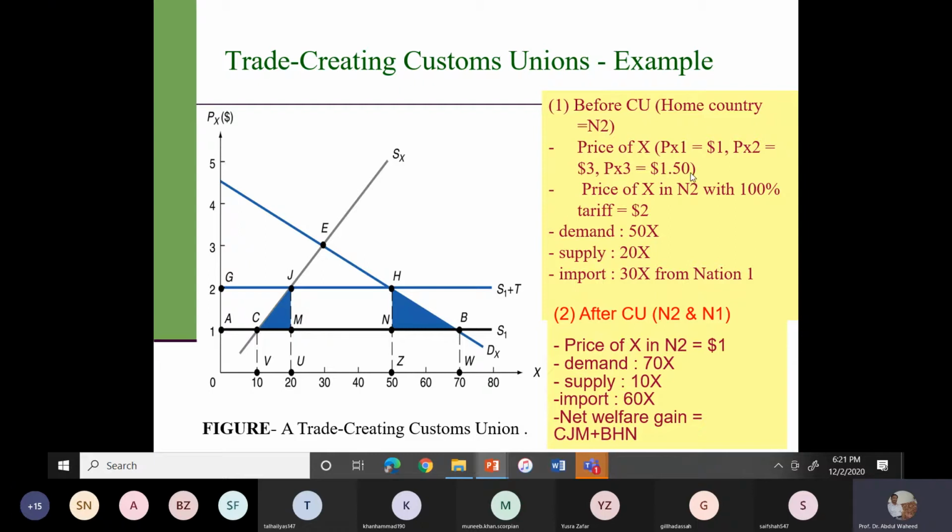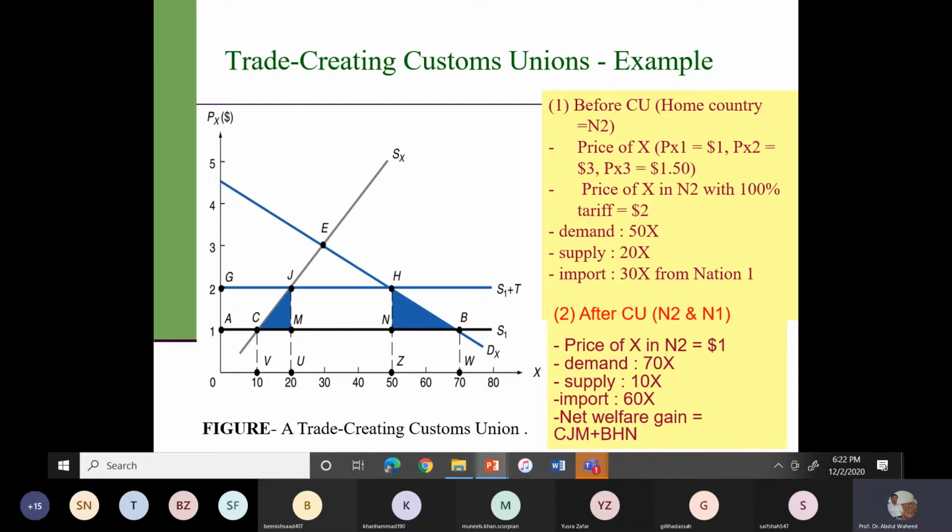So in this case, which country is the low cost provider, nation 1 or nation 3? Nation 1, because here the price is $1, and here the price is $1.5.